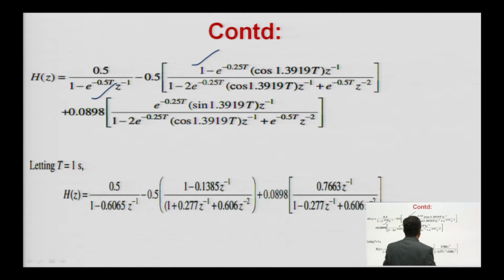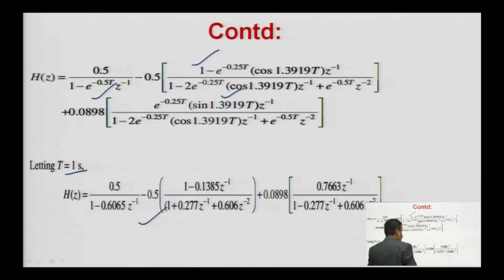Second one, third one is for sine form. Now, if t is not given to you numerically in the question, you can assume t is equal to 1 second. If you put t equal to 1 second in the whole expression, you will get this answer.